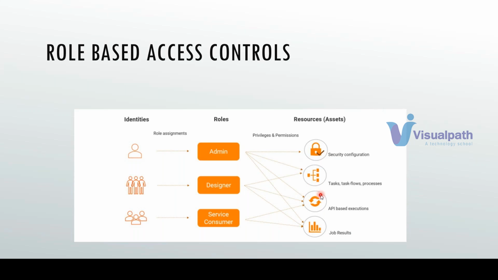A designer can do mappings, tasks and task flows. And a service consumer is more of an operator role, where he can do API-based execution and view the job results. So this is about role-based access controls. Any questions on this?